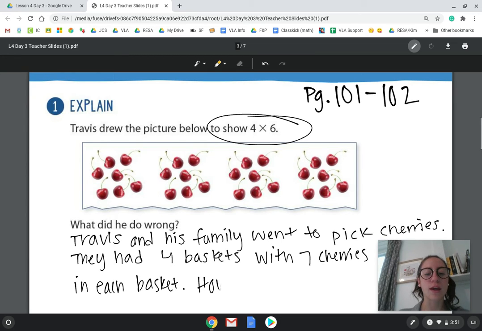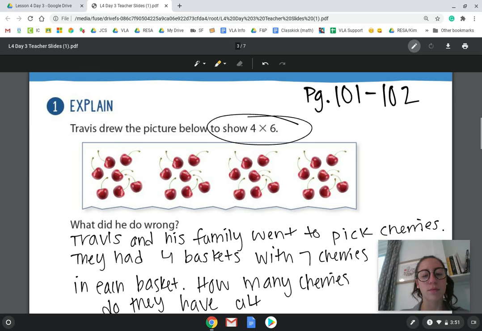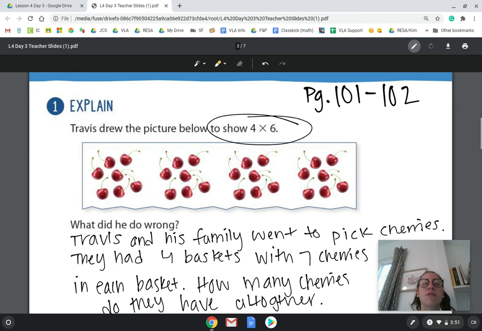How many cherries do they have altogether? So this would be an example of a story problem that went with Travis's problem.